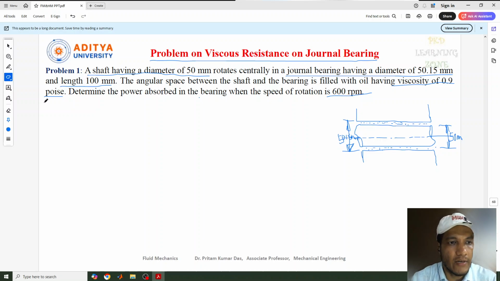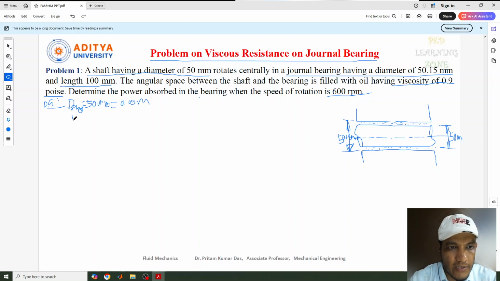So let's write down the data given here. The diameter of the shaft is given as 50 millimeter, so we can write 0.05 meter. I have converted this millimeter into meter.